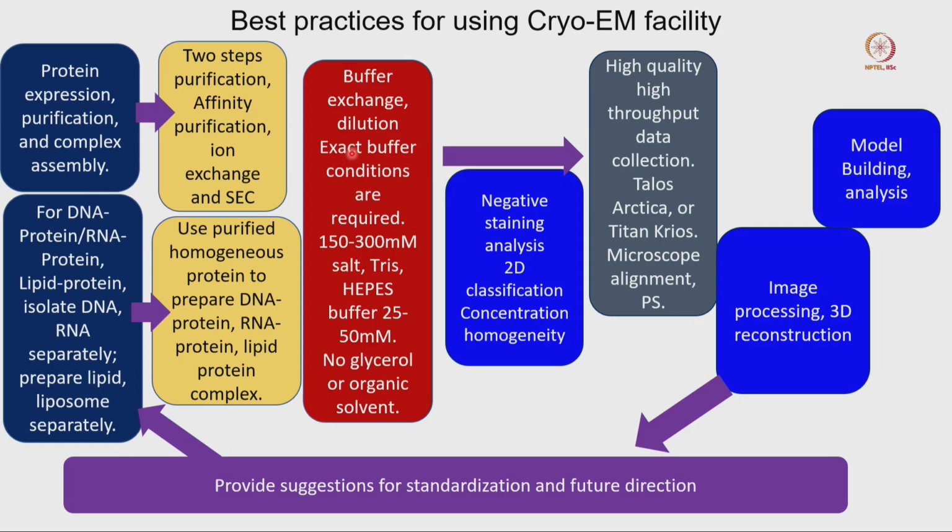Then you do your final study where it will be possible to get your 3-dimensional structure. So, this is the basic outline of how you should design your experiment and how you should do those steps.